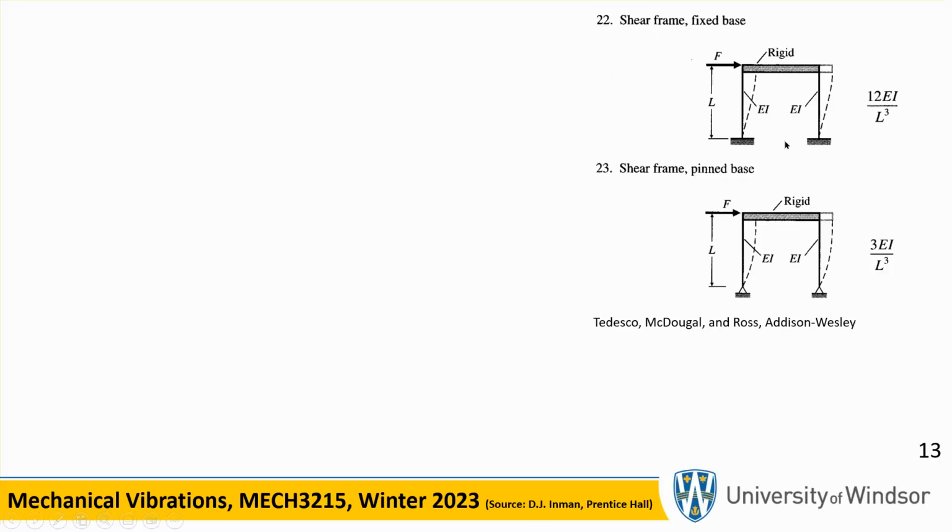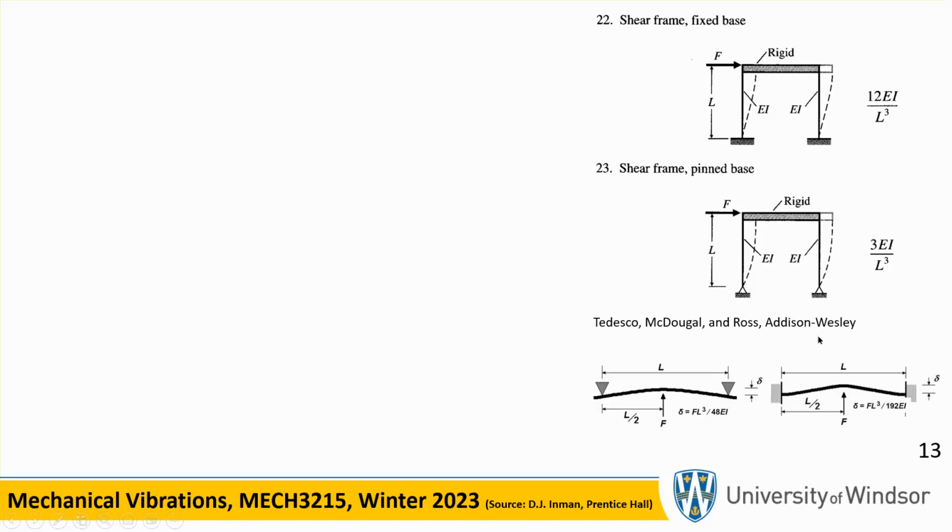Now, I promised you to tell you where these things are coming from. I told you that they're coming from, for example, let's look at the top part. Pretend that this is mirrored on the other side. Pretend that this thing goes up, up, up, up, and then left, left, left, left.